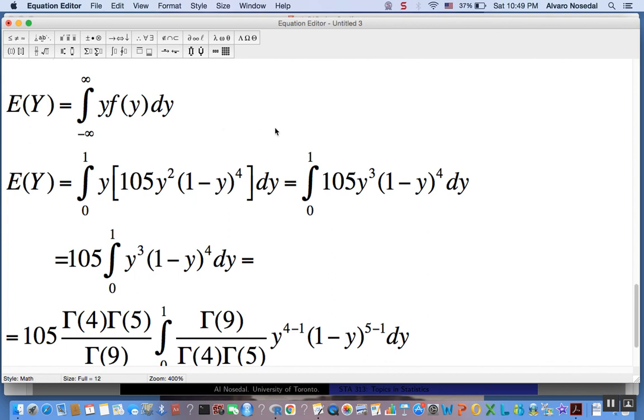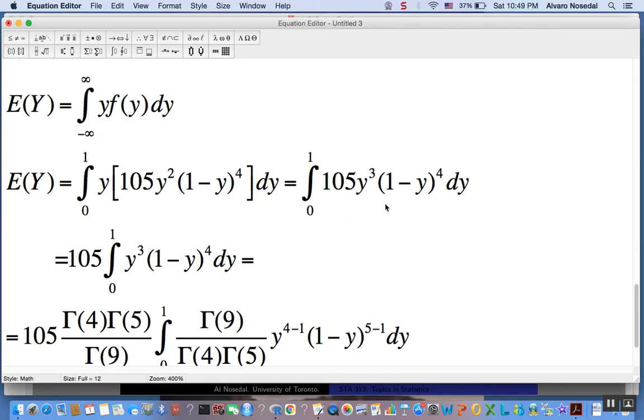Something that we learned along the way was that trick of completing those integrals, making them into legit PDFs, and then if you're integrating a legit PDF over its entire support, what you end up with is just a 1.